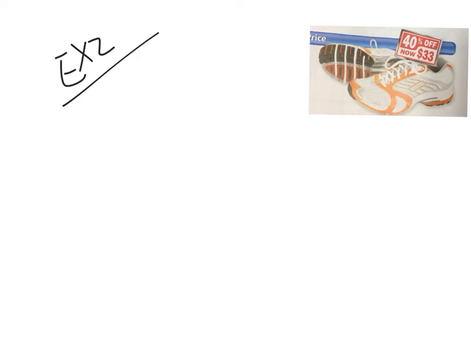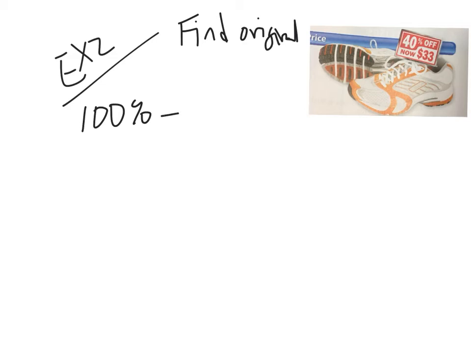So they're actually asking you to find the original price, because the new price is $33 and we took 40% off. So this is where you're going to use that, where you subtract from the percentage. So the sale price, they did 100% minus 40% equals 60% of the original price. Okay, so the sale price was 60% of the original price.